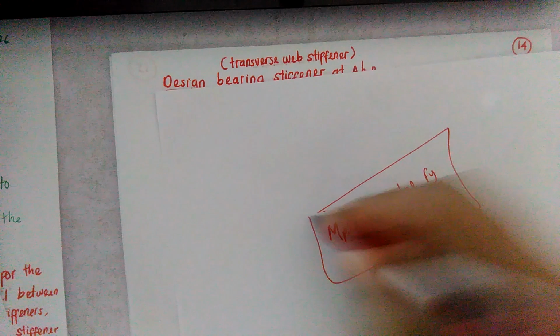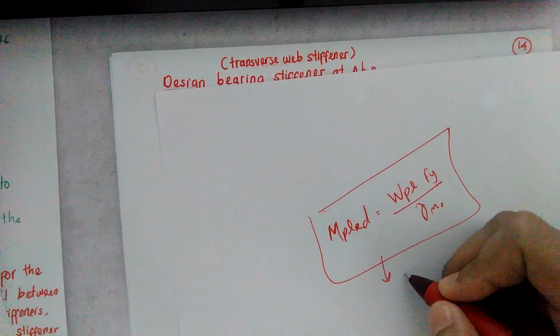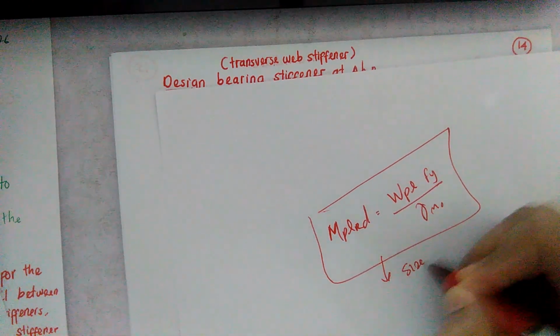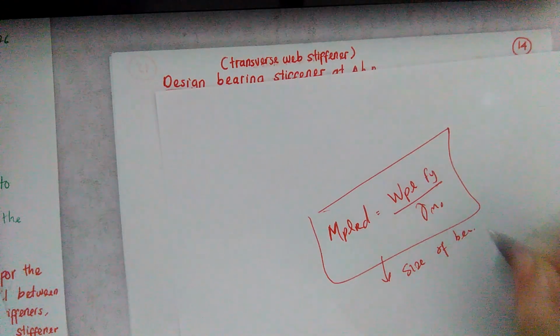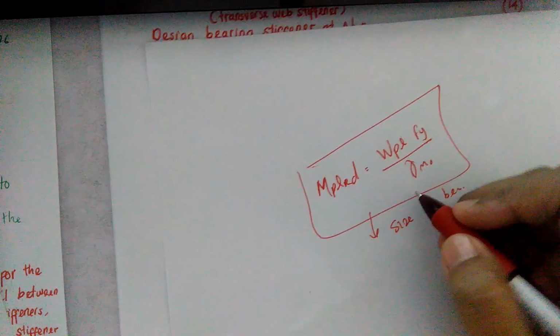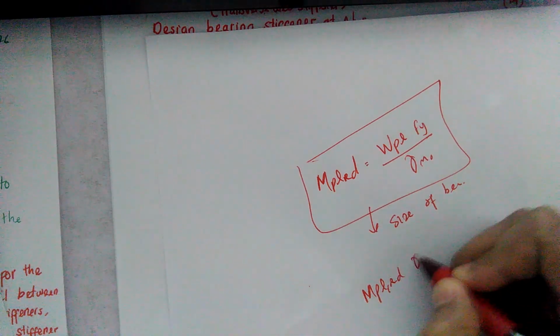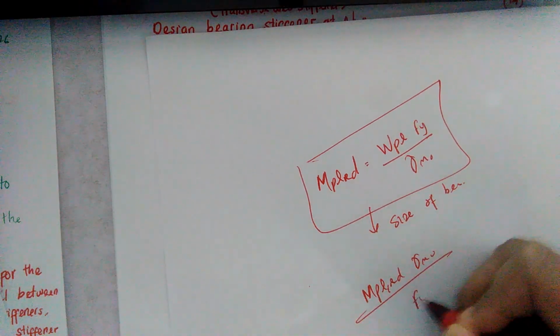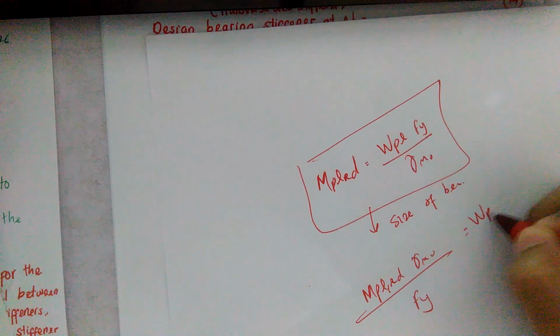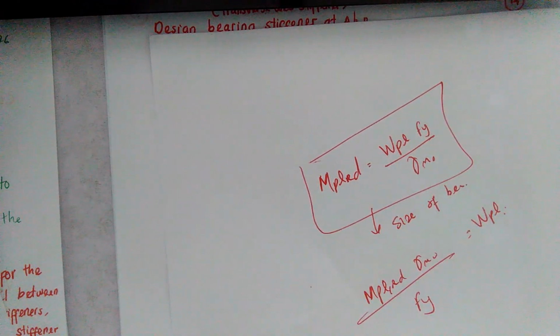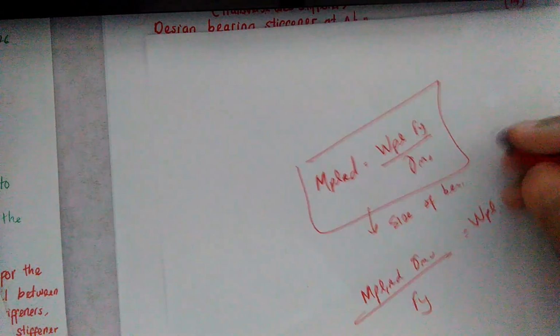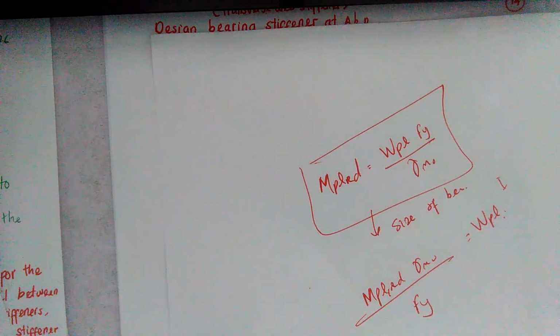You use this to determine the size of beams, and when you rearrange these equations, you get WPL equals MPLRD gamma m naught over Fy, and then you find your plastic modulus.